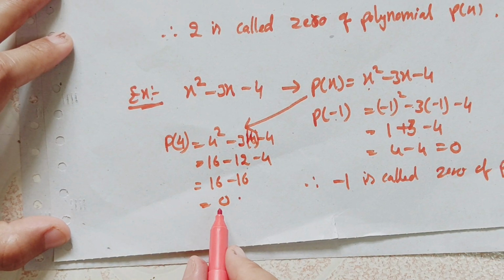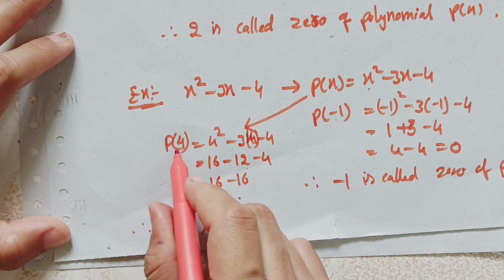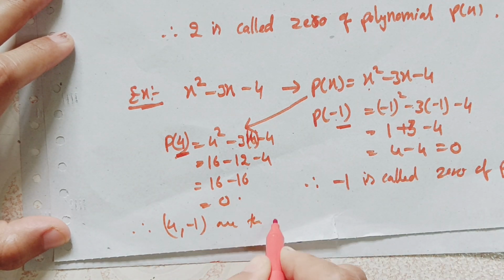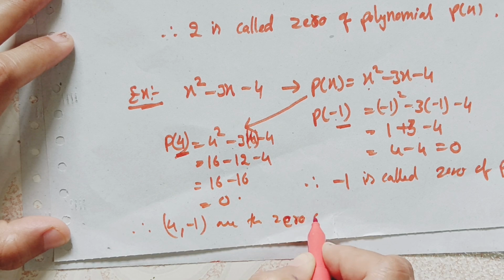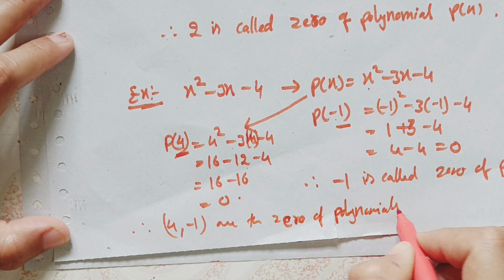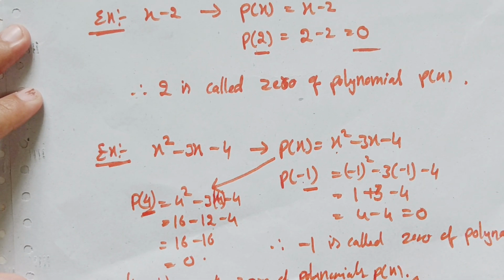Here also I am getting 0. Therefore 4 and minus 1 are the zeros of polynomial p of x. Now you understood, guys?